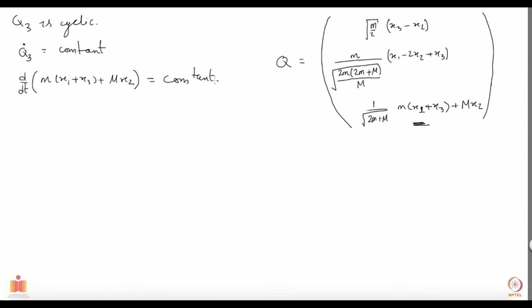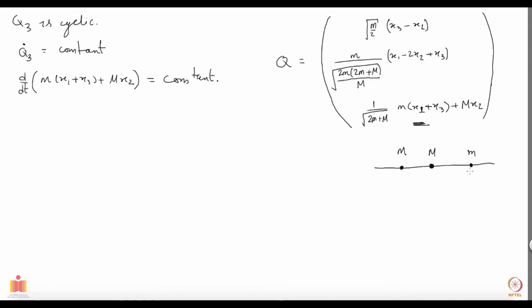Now to interpret what this means, let's do the following. We go back to our molecule. Here it is. Let's say here is our capital M, the mass, particle number 2. Let's say particle number 3 is here, and particle number 1 is here.